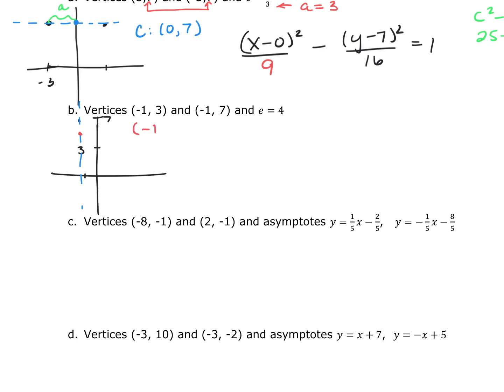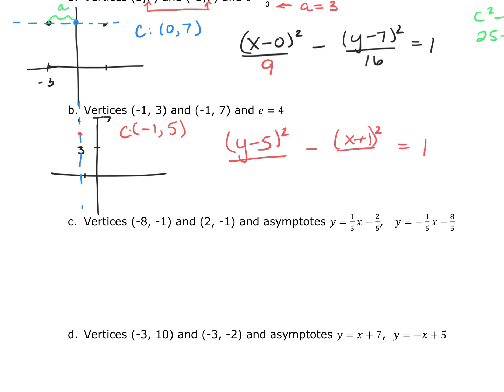The difference between 7 and 3 is 4. If I just add them together, I get 10, divided by 2 is 5. Bam, found my center. So it's going to be (y minus 5) squared over something minus (x plus 1) squared over something equals 1.